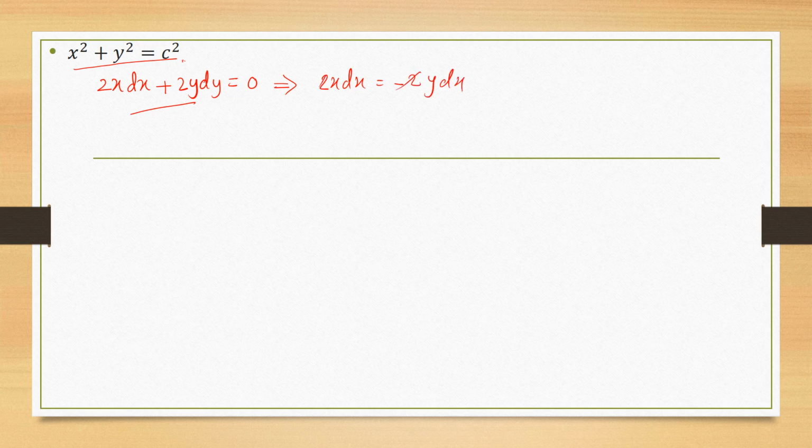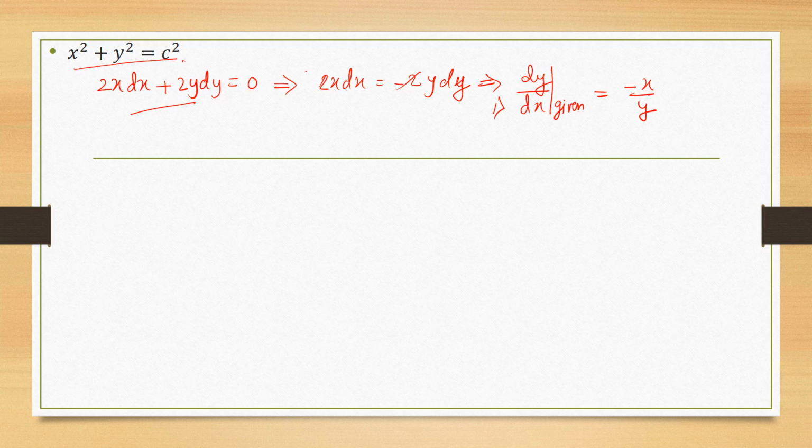The 2 gets cancelled, so dy by dx of the given curve is equal to minus x by y. So we have completed our first step, to determine the slope of the given equation.